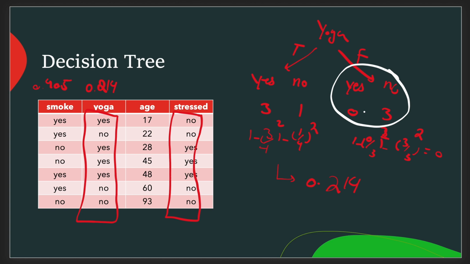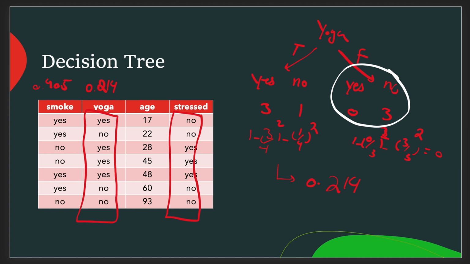So that means that we want to choose nodes, or features or conditions, that give us the lowest possible Gini impurity. So for the first one it was 0.405. For the second one it was 0.214. And now we have to calculate the third one.